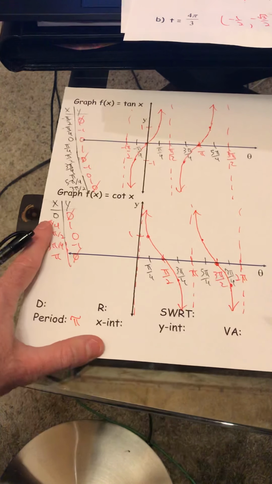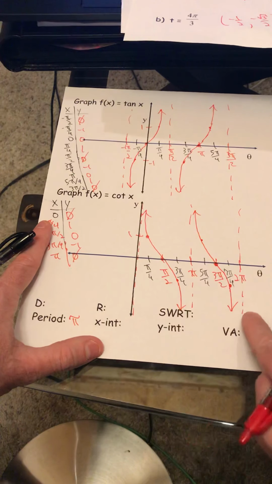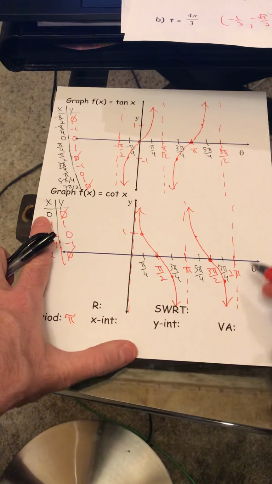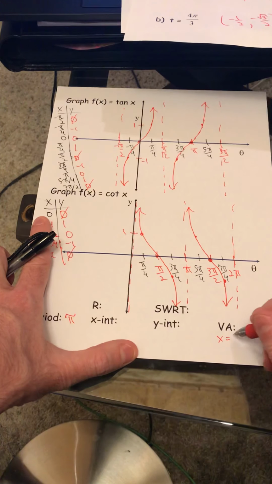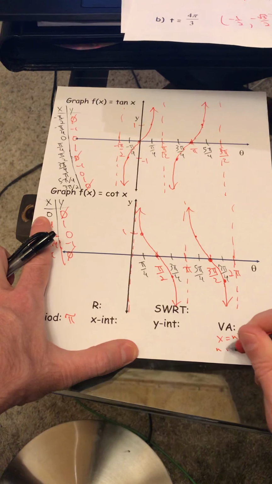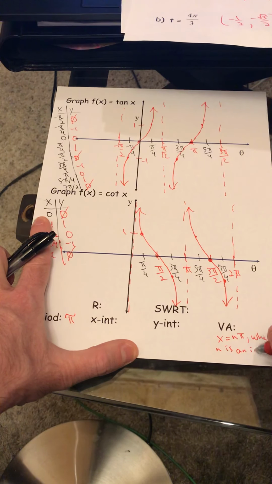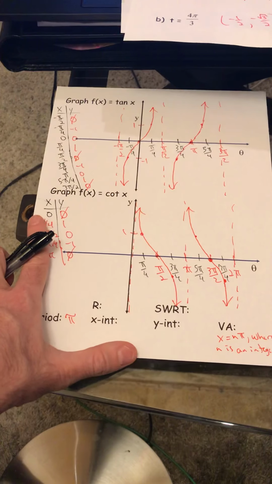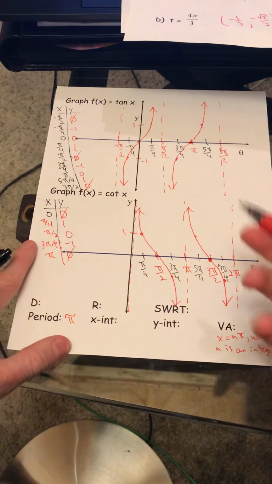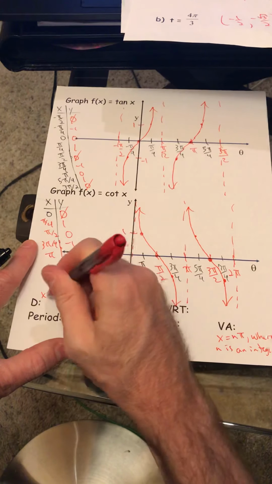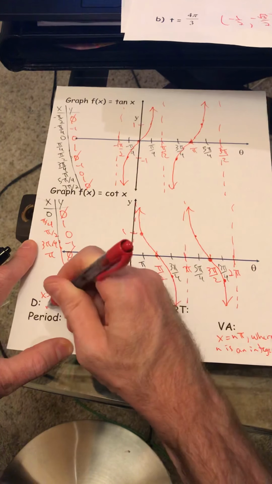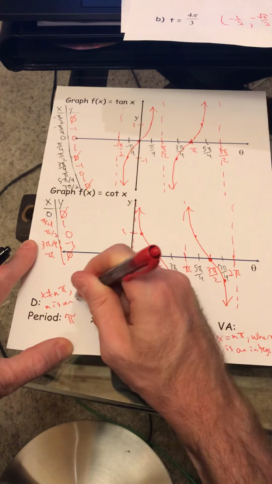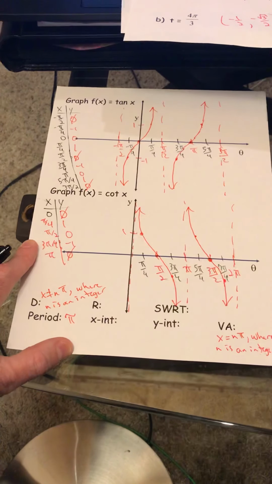All right, so again, with these, I always like to start with my vertical asymptotes. x equals 0 pi, 1 pi, 2 pi, n pi, where n is an integer. So that means for domain, x cannot equal n pi, where n is an integer.